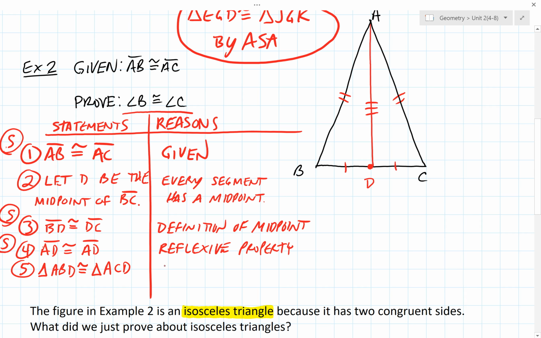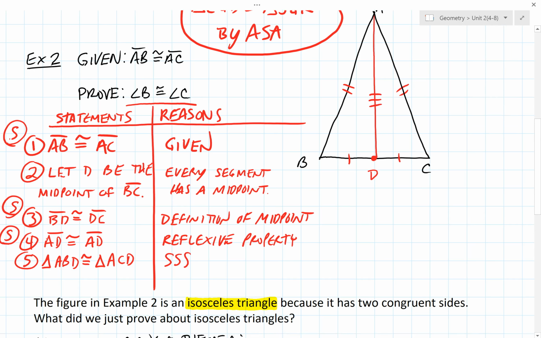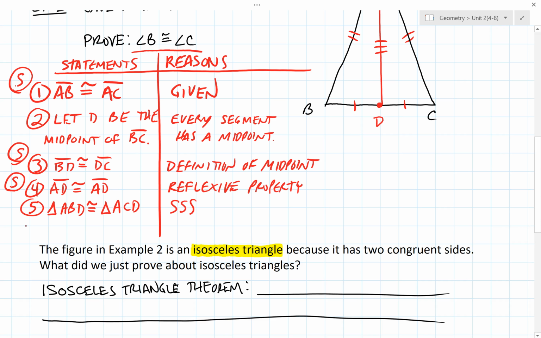ACD, and the reason is SSS. So whenever we say that two triangles are congruent, it's going to be one of those methods, SSS, ASA, or SAS. And now that we've established that the triangles are congruent, we can finish it up and say angle B must be congruent to angle C. And what was the reason again for that? Timothy?